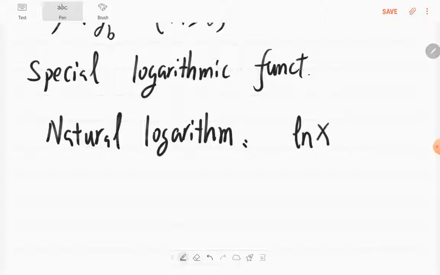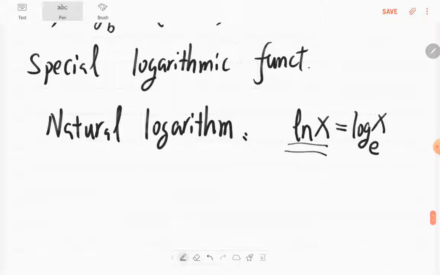That means the base of this logarithmic function is e. We know e is a number about 2.7. For this special one, we use ln x, and most of the time we will use this one to do further calculations.